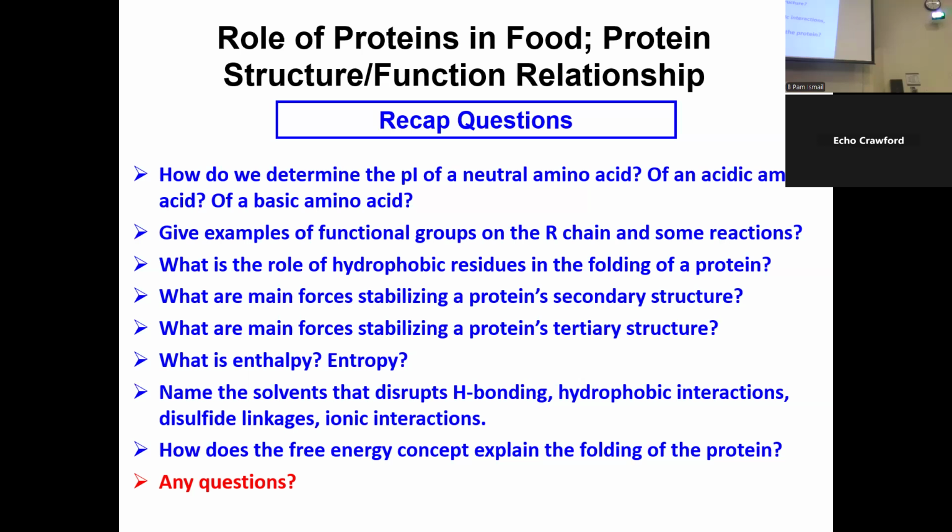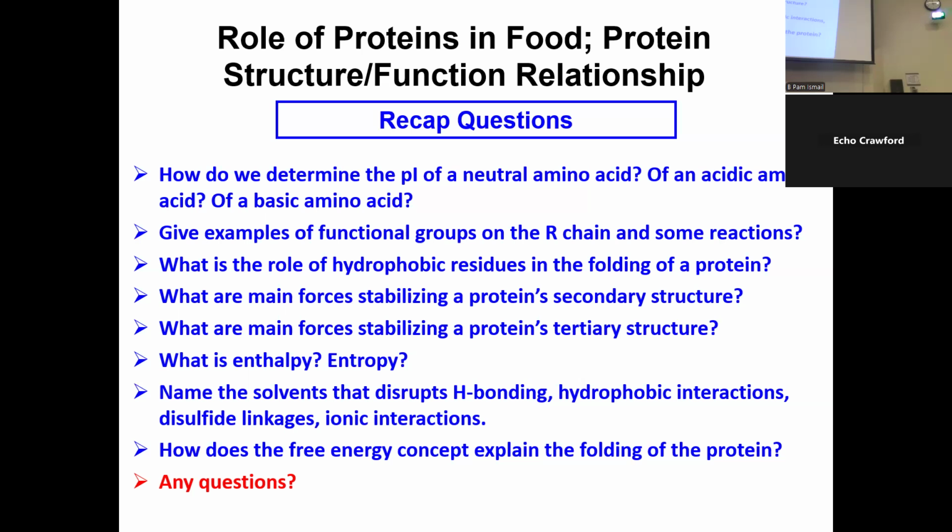So that's good. What else? Do you remember? Oh yeah, the OH group in serine and threonine. So serine can be phosphorylated and threonine can be glycosylated. Okay, what about lysine? What's in there that is reactive? Related to your research.